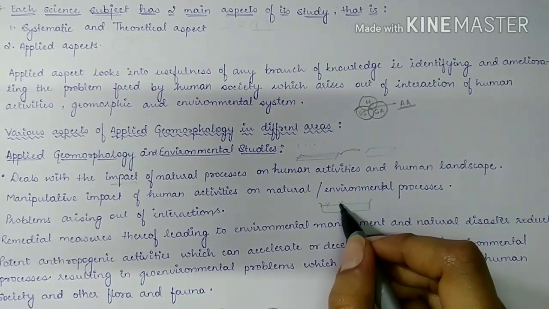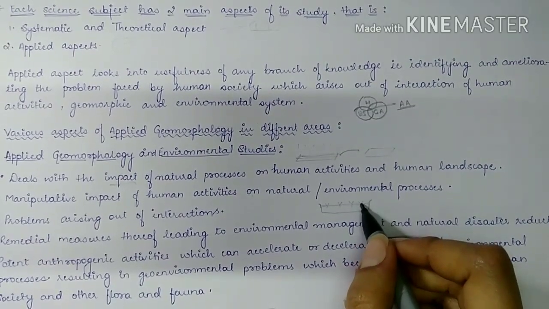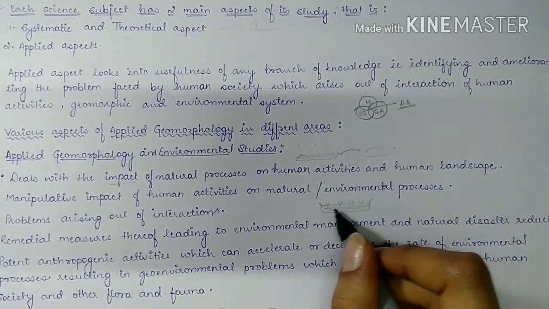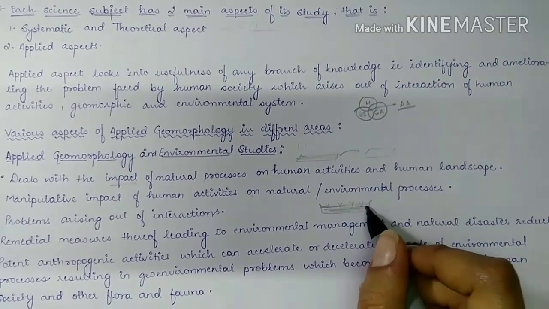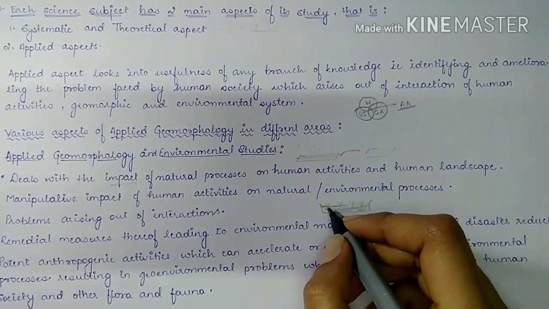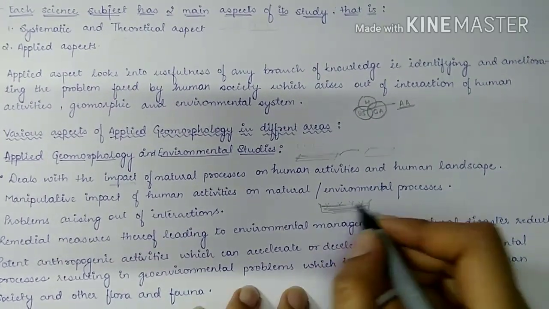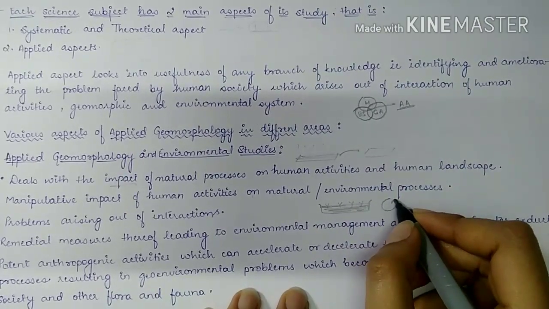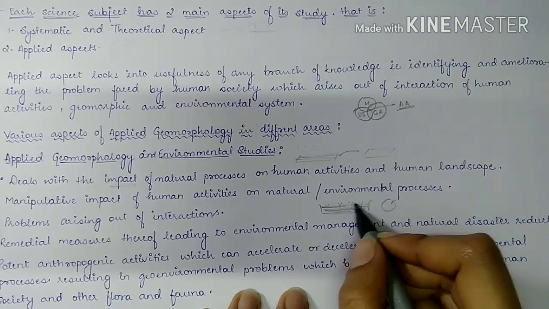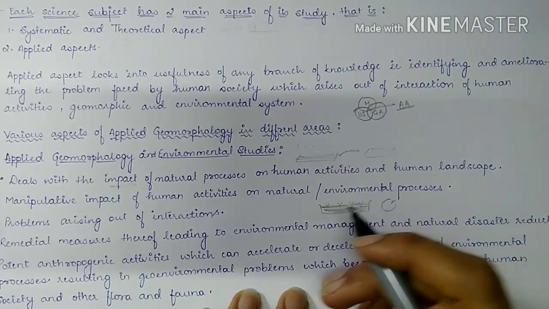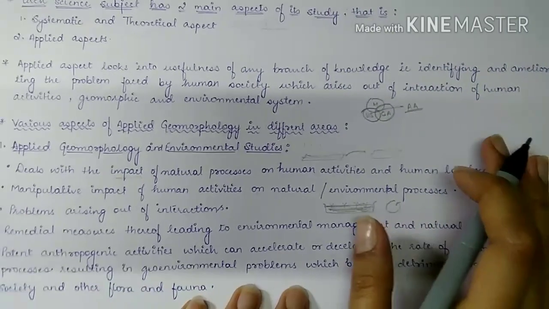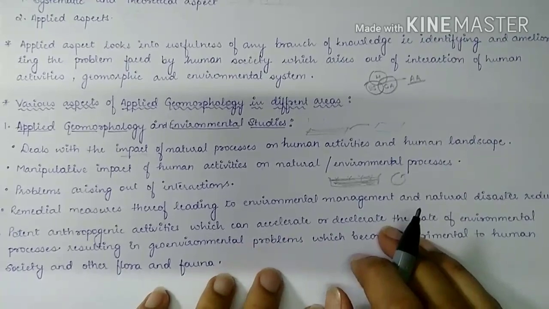Due to excessive use of fertilizers and excessive cropping, the nutrition of the soil will decrease. So the natural process, that is the rate of the nutrient cycle, how nutrients are replenished back in the soil, is affected. This is how human activities also impact environmental processes. There are various examples for this.